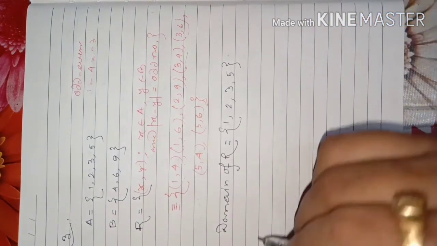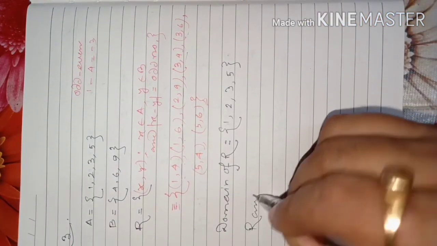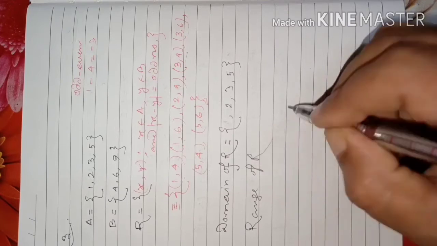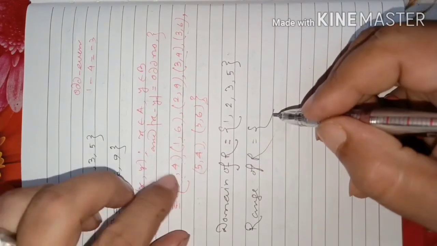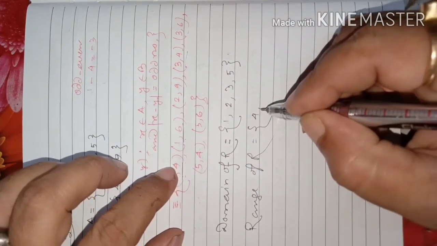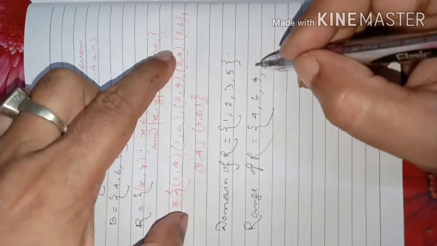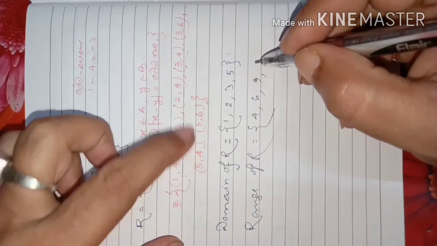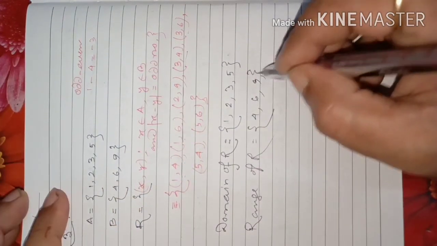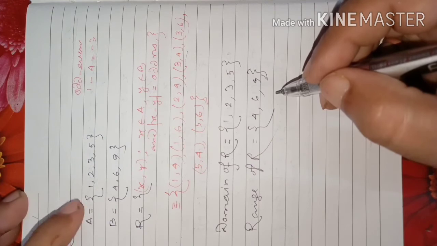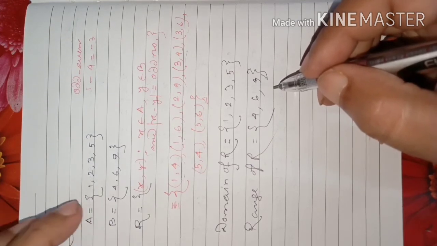Then range of R is equal to the second elements 4, 6, 9. So 4, 6, 9 is the range. Here A is the domain and B is the range.